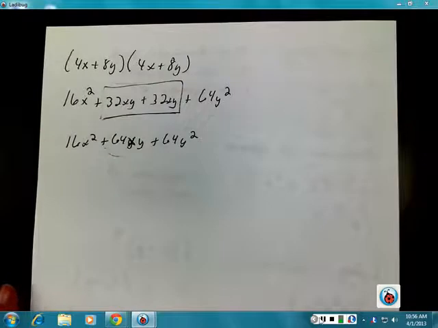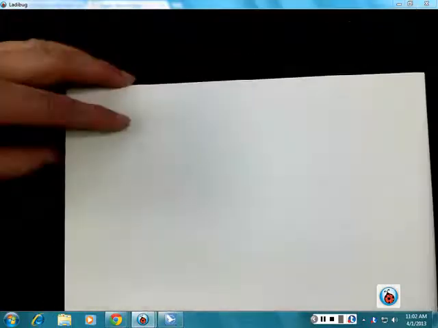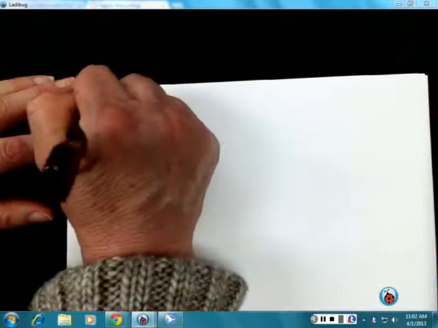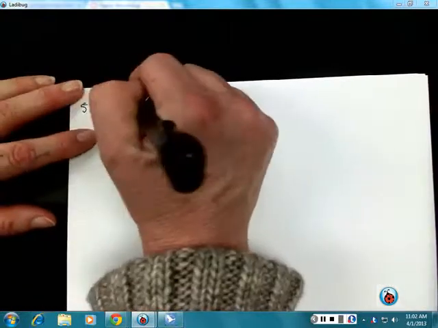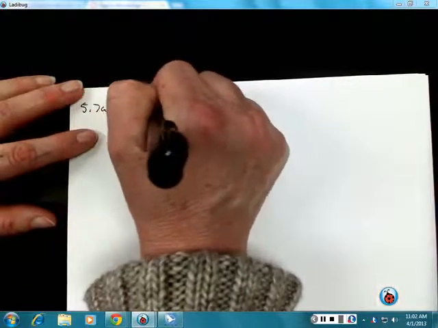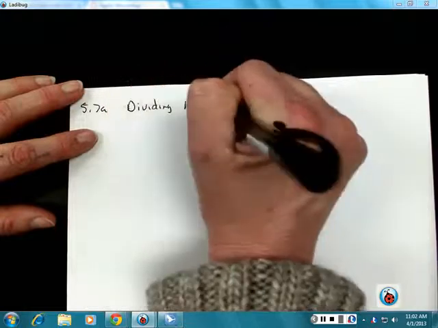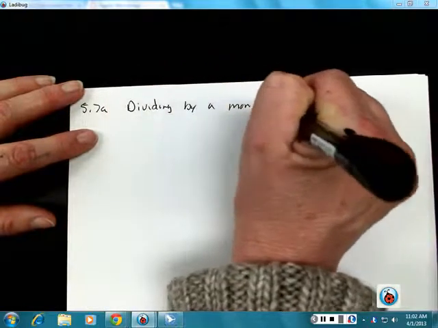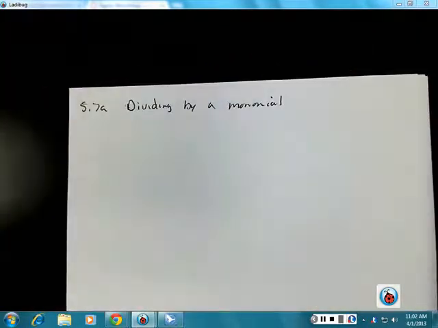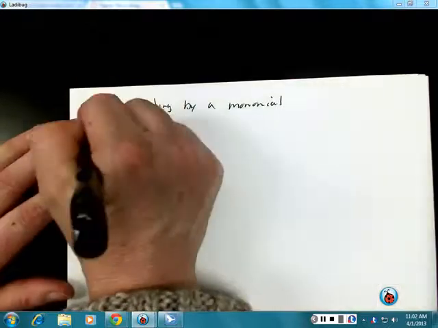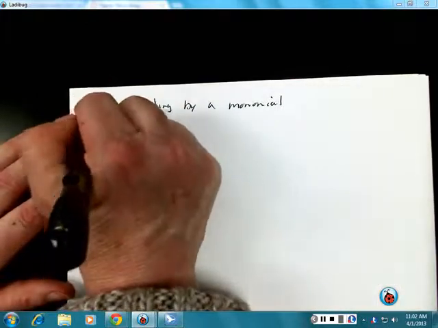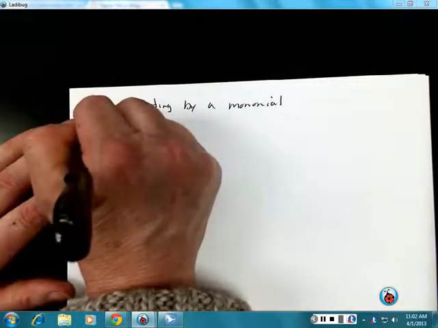So let's. 5.7a is dividing by a monomial. And it's kind of like what we did in 5.1 and 5.2a.